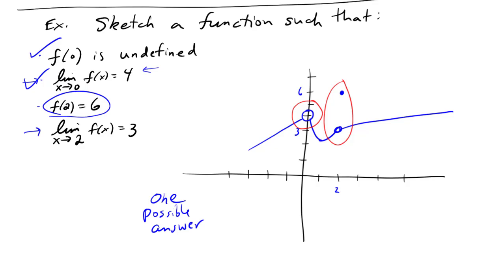I could have done anything before in this region, in between here, and after 2 over there. I could do whatever I want there as long as I have those main points here that captured all of these.